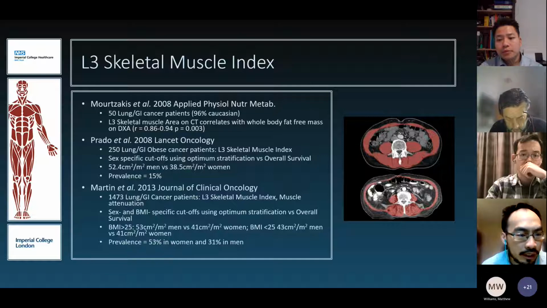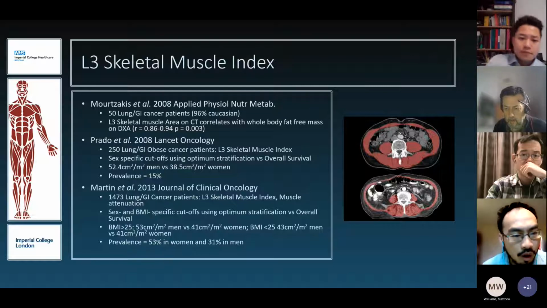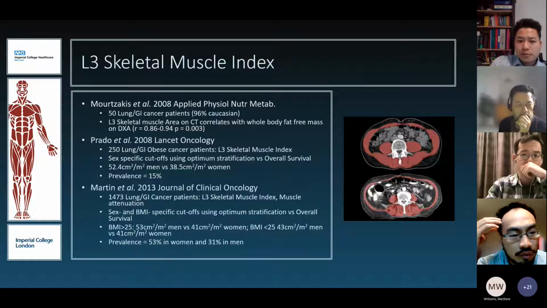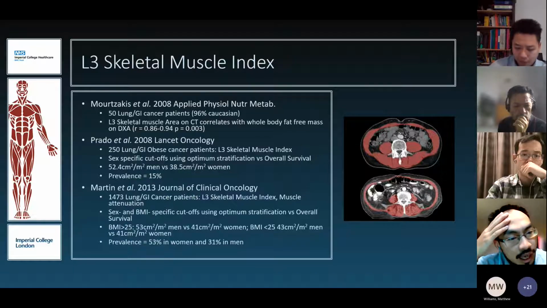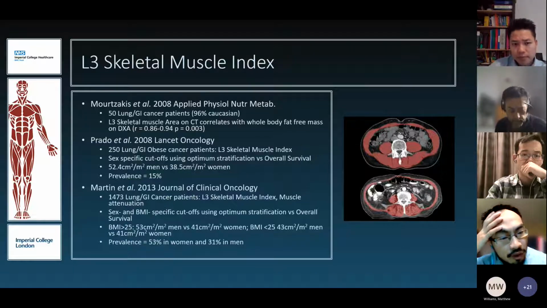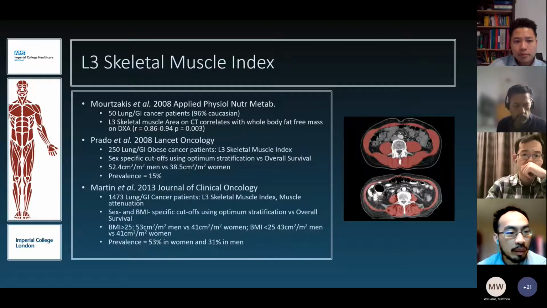They managed to correlate various anatomical landmarks to DEXA-derived whole body fat-free mass, and you get correlations of 0.9 from the L3 skeletal muscle area. So that drove the interest for using that as a repeatable, identifiable biomarker that can be applied.